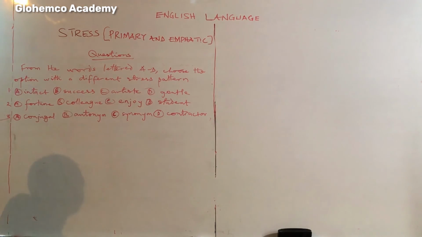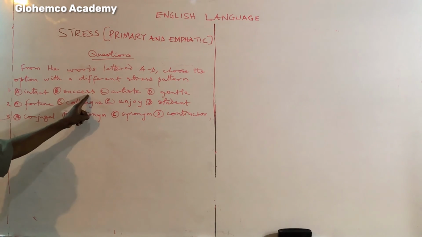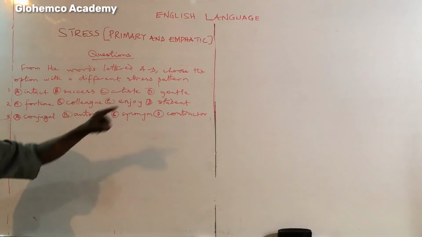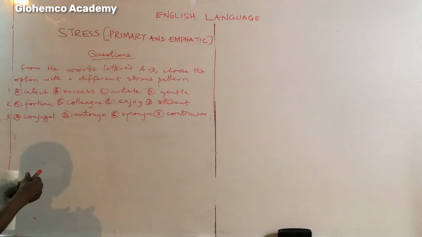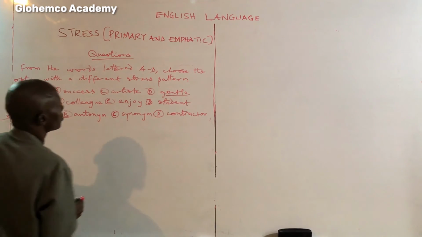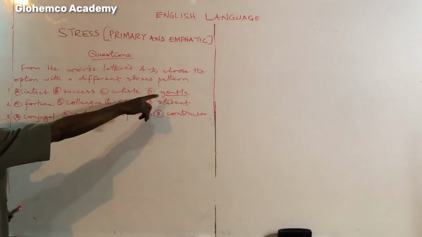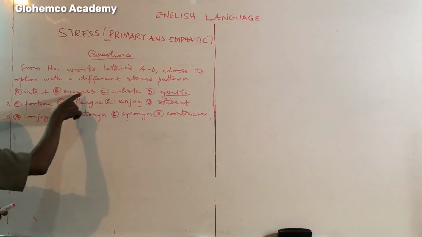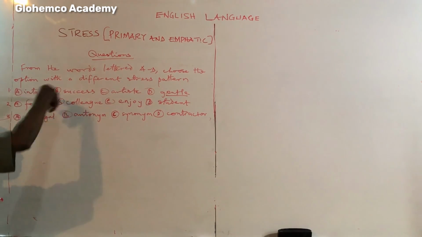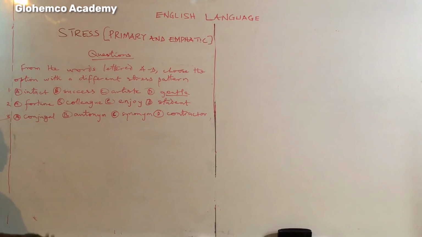This is gentle. So which one is the correct answer now? That is gentle. Gentle is stressed on the first syllable. Then artist, second syllable. Success, second syllable. Intact, second syllable. That's how to get it.